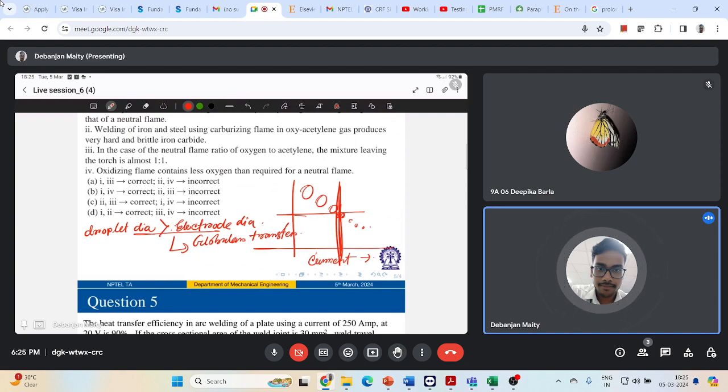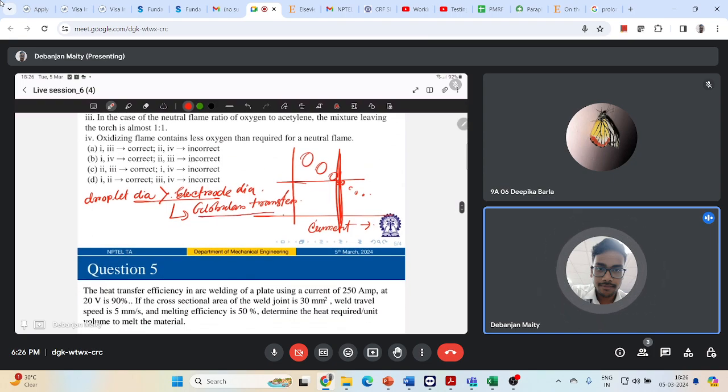with a long arc length, if you are using a larger arc length, the droplets are transferred without any short circuit, right? And at higher current, more than what you have for globular transfer, the spray transfer appears. So here the tip of the electrode becomes pointed.